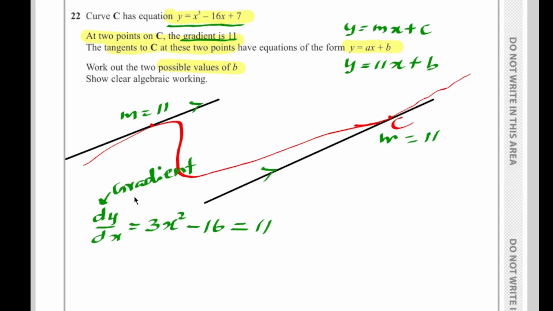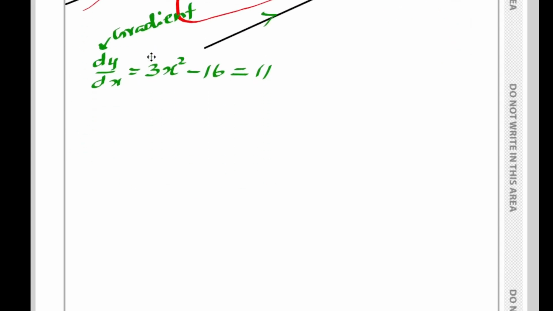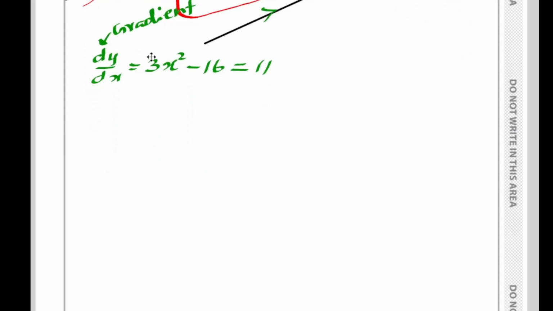So as soon as you see in a question a curve and gradient, do dy by dx. Then equate. If you are having the gradient given, then equate them together. After that, solve the equation. There is a quadratic equation. So 3x squared minus 16 minus 11 equals 0. Then 3x squared minus 27 equals 0.